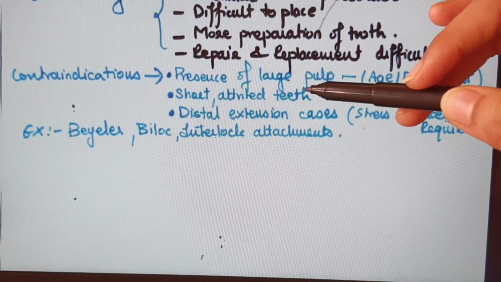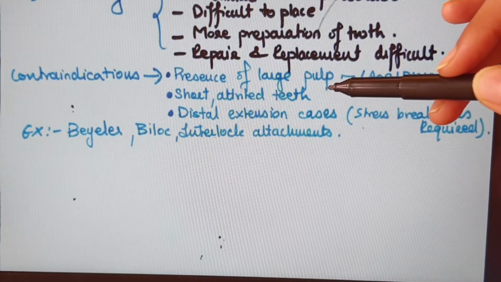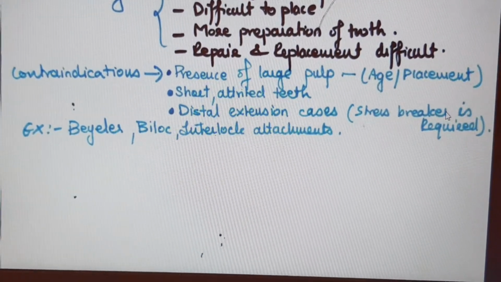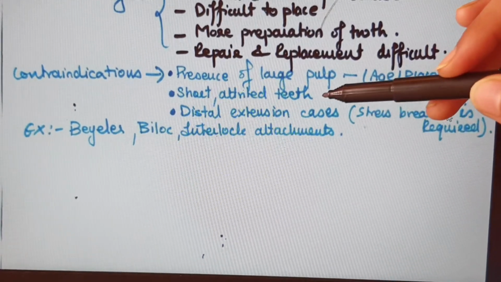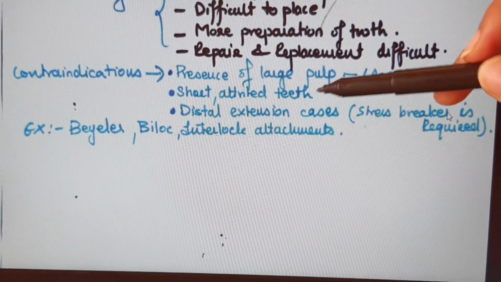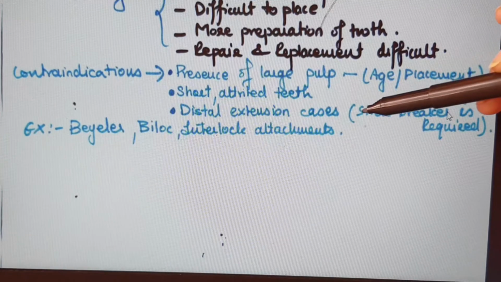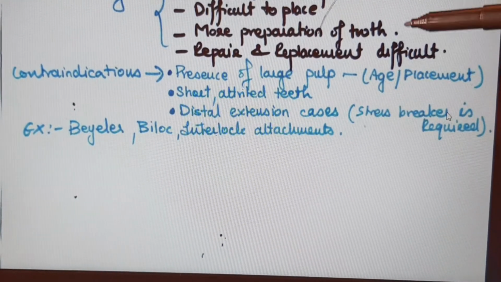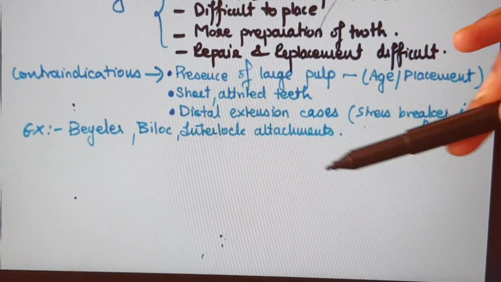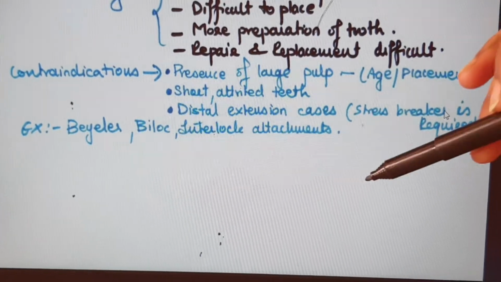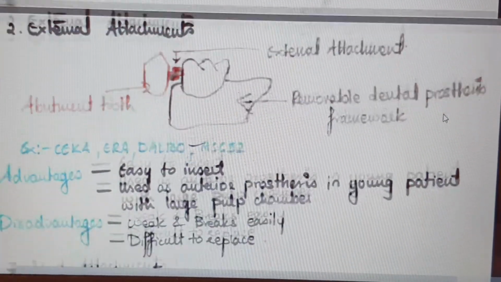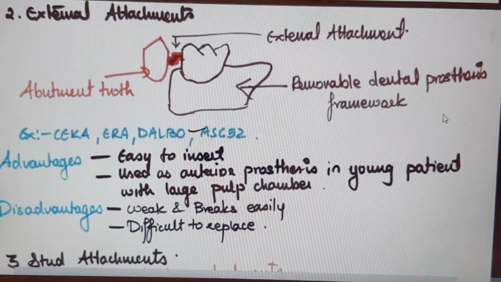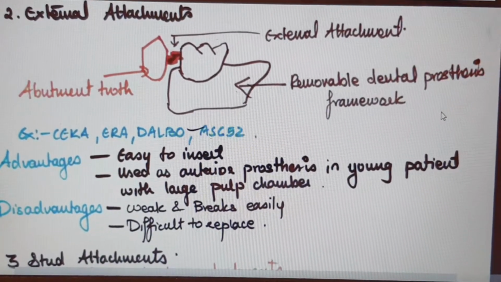These are contraindicated in cases of large pulp, like in cases of children, and also in cases of untreated teeth. Even in cases of distal extension, that is your class 1 and 2 cases, this internal attachment direct retainers are contraindicated.